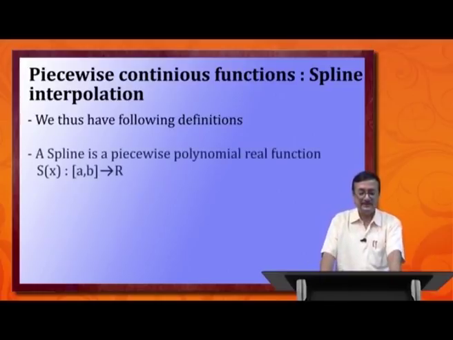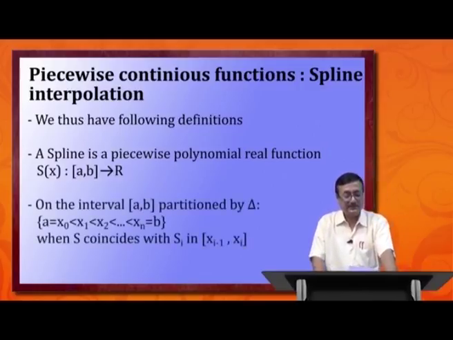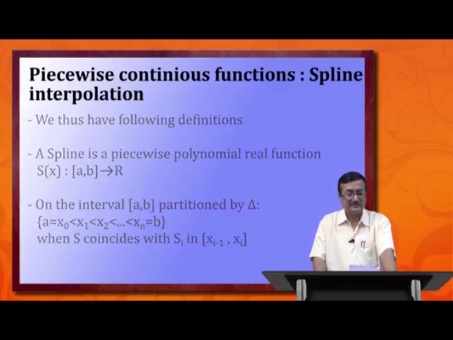We define a spline as a piecewise polynomial real function S(x) over [a, b] to the real field R on the interval [a, b] partitioned by the delta, as a to b by the intermediate points x0, x1 up to xn with the endpoints x0 and xn, when S coincides with the S_i in the subinterval x_{i-1} x_i.